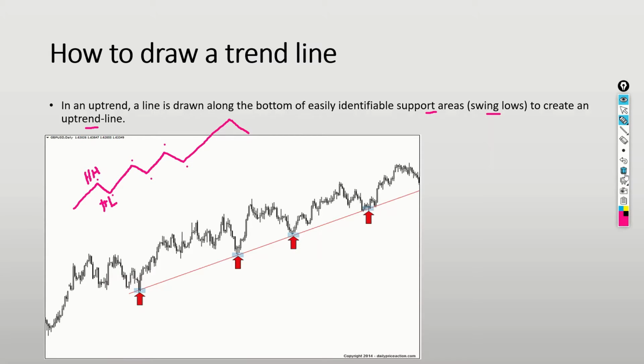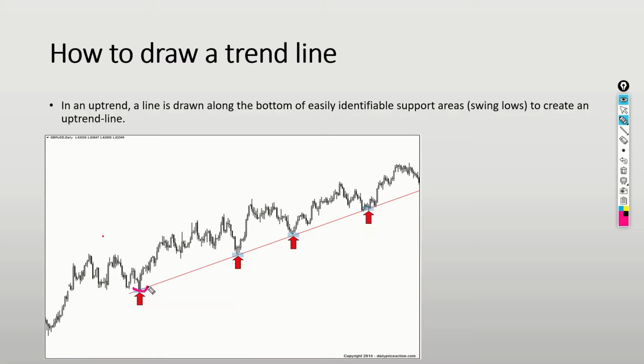So when you look at the chart, clearly you can see that this is a higher low, and then this is a higher high. This is higher low, this is higher high, then higher low, then higher high, then higher low. This is also a higher low, this is also a higher low. So we are saying that in an uptrend line, we connect what we call the higher lows or the swing lows.